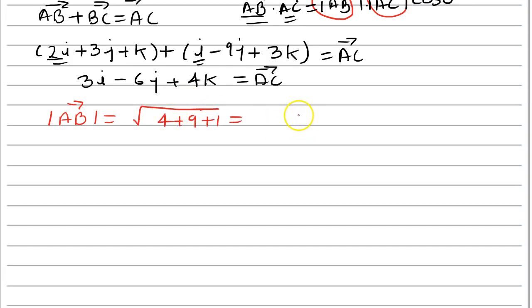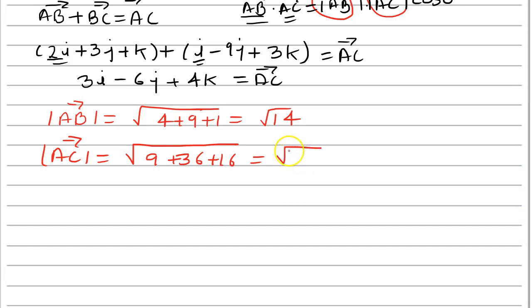Let me extend this line. So 9 plus 4, 9 and 1, 10 and 14. So that is root 14. Now modulus of AC will be 9 plus 36 plus 16, and if you add them then it comes to 61.